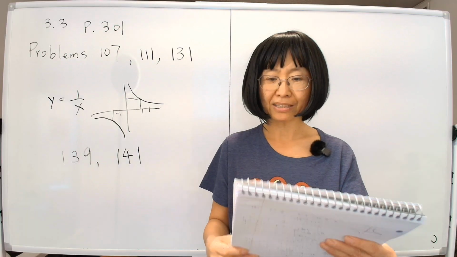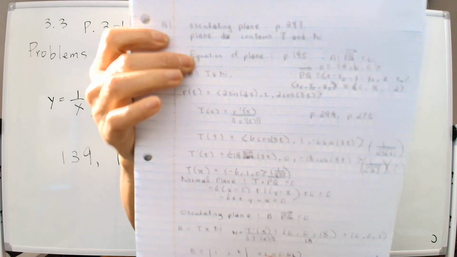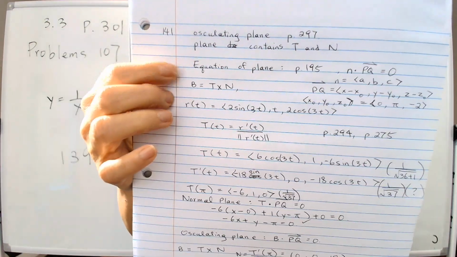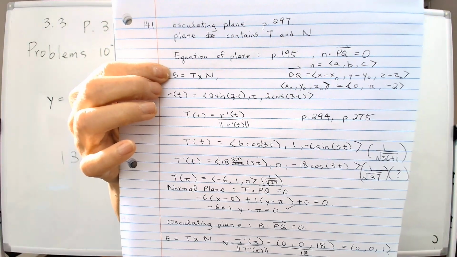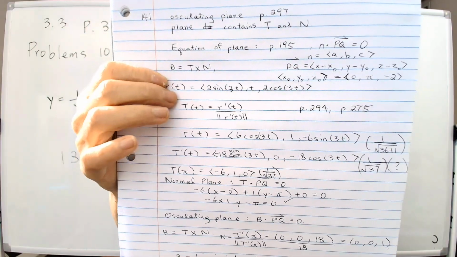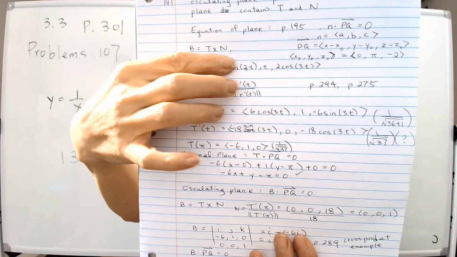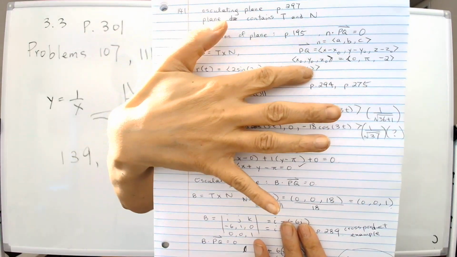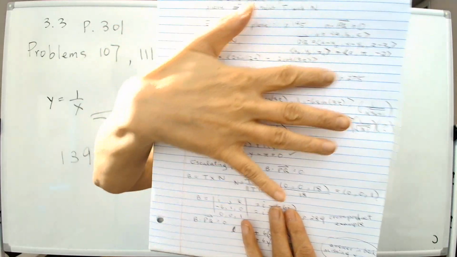The plane is defined as n dot PQ equal to 0, where n is the normal vector ABC and PQ is the variable, with x minus x0, etc., where x0 is the initial point, which is given to us here.